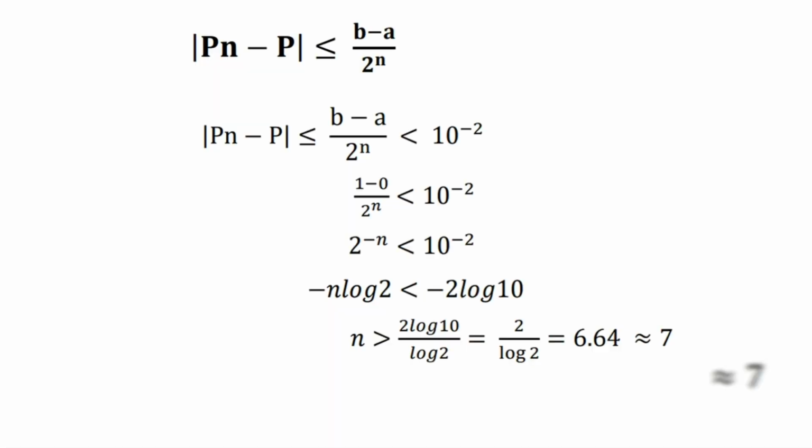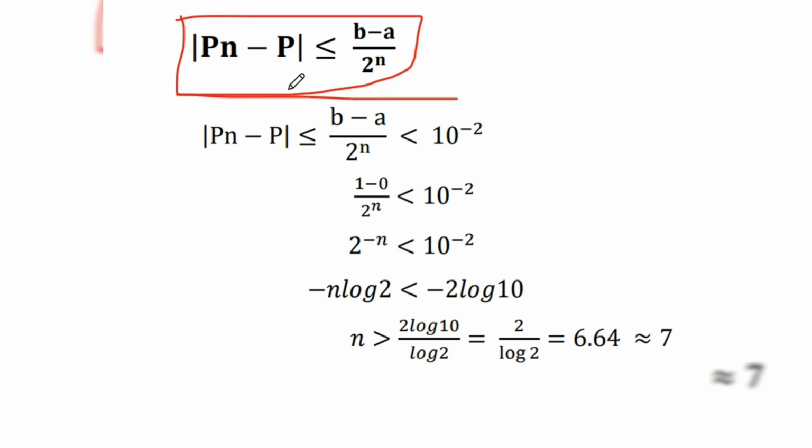In this problem, to find the number of iterations, we use this inequality, which was derived in the theory part. Firstly, the absolute value of pₙ minus p represents the distance between the root and the midpoint, which is less than or equal to (b − a)/2ⁿ.